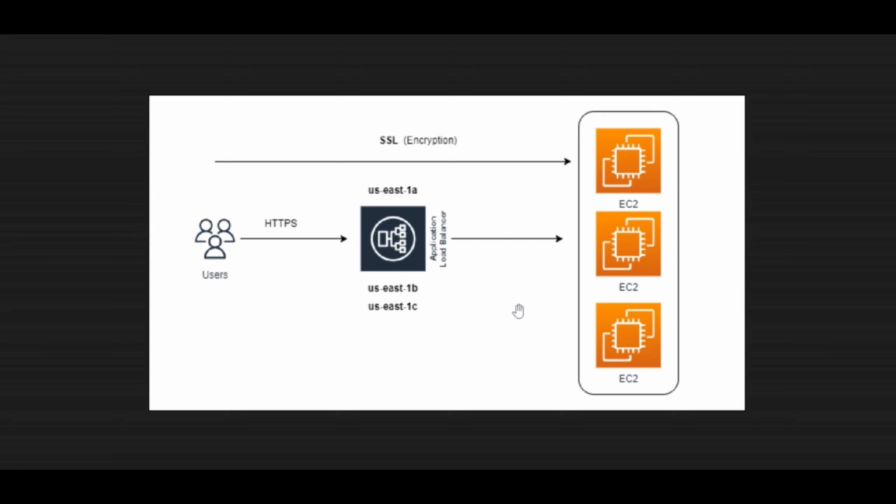Now one step more: you are going to enable the HTTPS protocol, so you can secure the communication between the user and the application. The communication between the user and the application will be completely encrypted because you are enabling SSL and using the HTTPS protocol. So that is the best design for Mr. Richard to solve the two problems he was facing, and that is the perfect architecture.